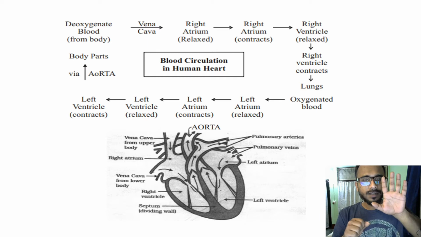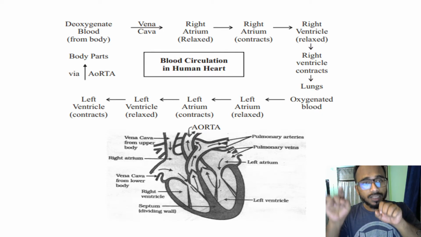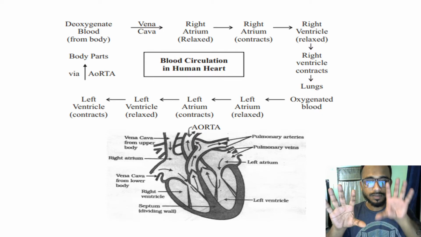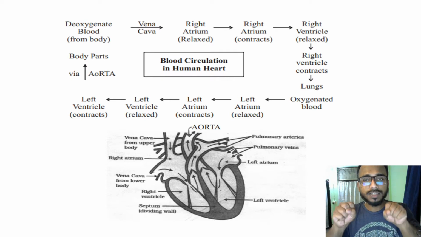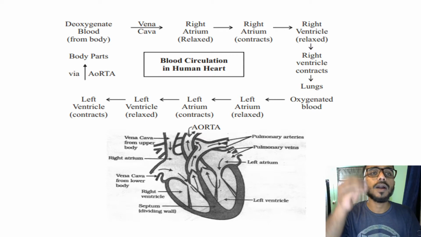Now when the left atrium is relaxed, oxygenated blood is coming. Now if I contract this, my left ventricle was relaxed, now this will also contract. When I contract, that means I'm pushing something, okay? This will make the blood pump through the aorta to different parts of the body.